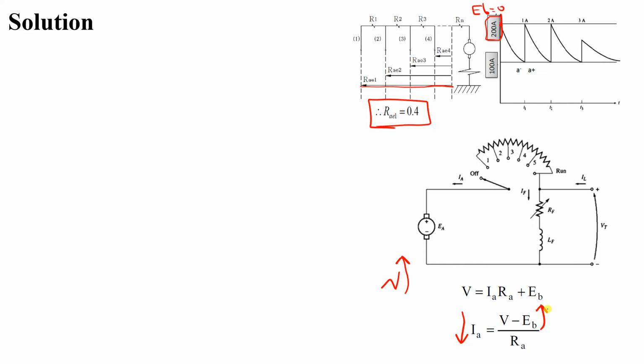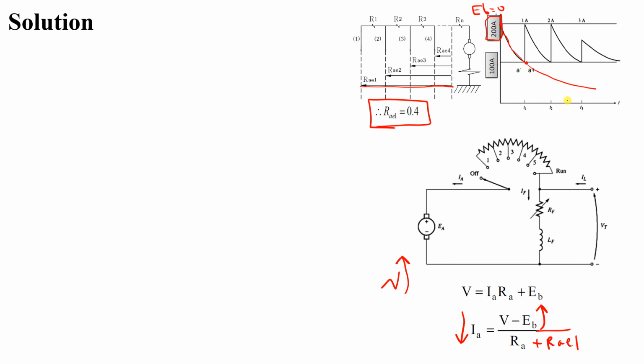Here we still have the resistance R_E1. As speed increases, E back increases and I armature goes down until reaching 100 amperes. If I don't remove any part of the resistance, the current will keep going down like this, because E back increases at the same resistance.